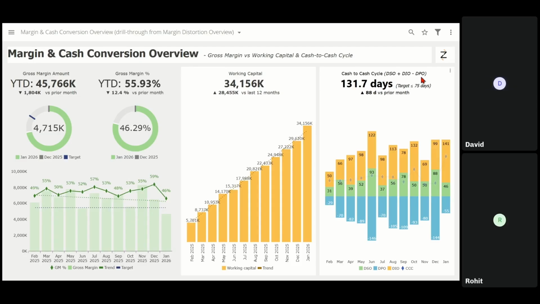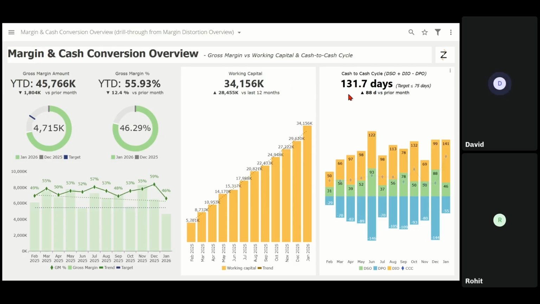So the cash to cash cycle here, and this is reinforcing the data that we have in the working capital, is 131 days. So we are way above the target, which is 75 days. And actually it increased by 88 days.